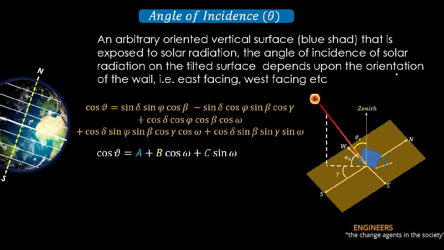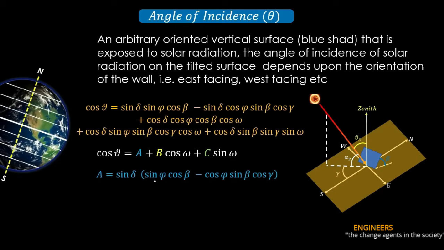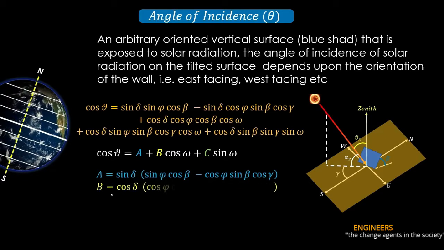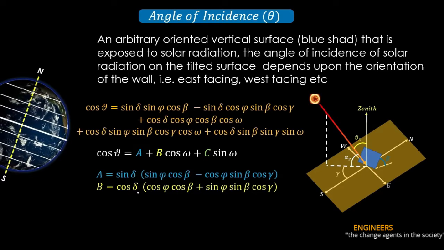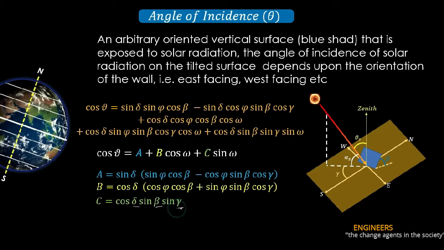This general relationship is simplified with this expression as cos theta is equal to A plus B cos omega plus C sin omega, where A is sin del sin phi cos beta minus sin del cos phi sin beta cos gamma, whereas B is cos del cos phi cos beta plus cos del sin phi sin beta cos gamma, and C is equal to cos del sin beta sin gamma.